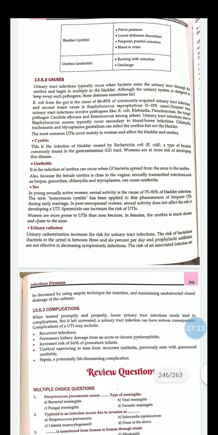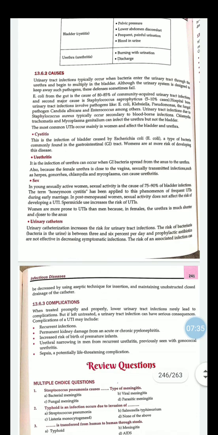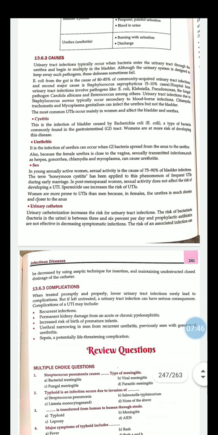Then urethritis. The suffix indicates inflammation or infection, so urethritis means there is inflammation and infection of the urethra. It can occur when GI bacteria, that is gastrointestinal bacteria, spread from the anus to the urethra, causing infection of the urethra.